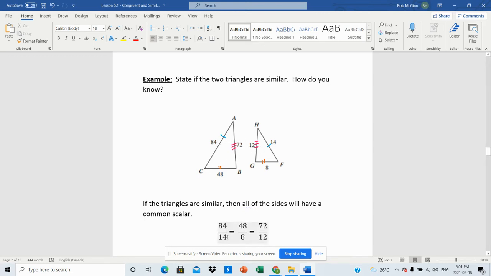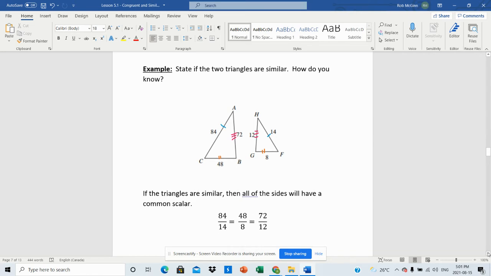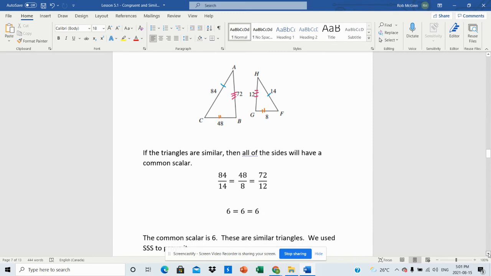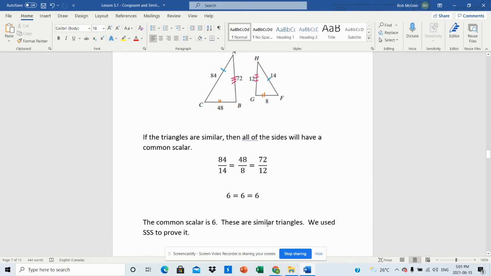We'll just divide each one of these. 84 divided by 14 on our calculator gives us 6. Same with 48 divided by 8, that gives us 6, and 72 divided by 12 gives us 6. So we can see here 6 equals 6 equals 6. This is true, so our common scalar is 6. And that means that these are similar triangles, and we use side, side, side to prove it.